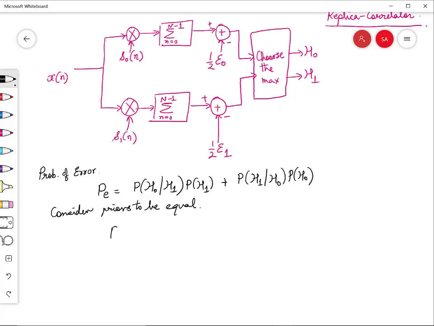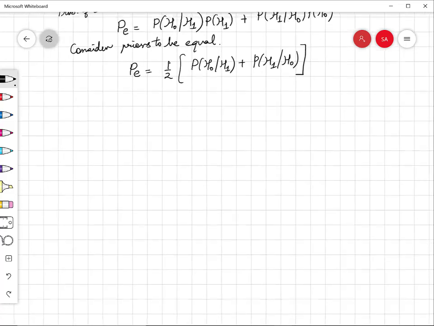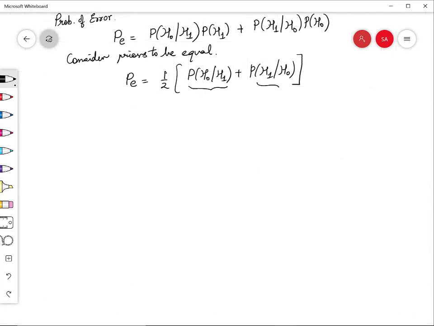Then we can write this probability of error to be half times probability of H0 given H1 plus probability of H1 given H0.